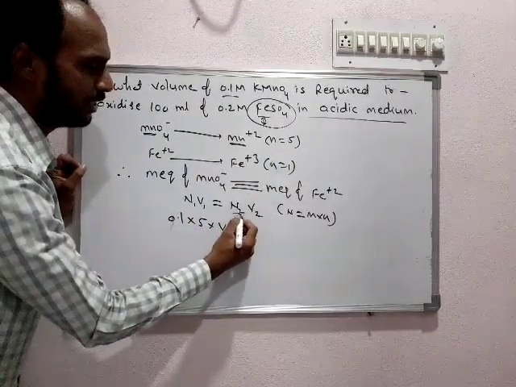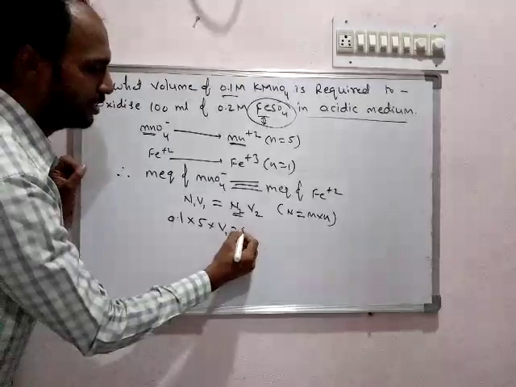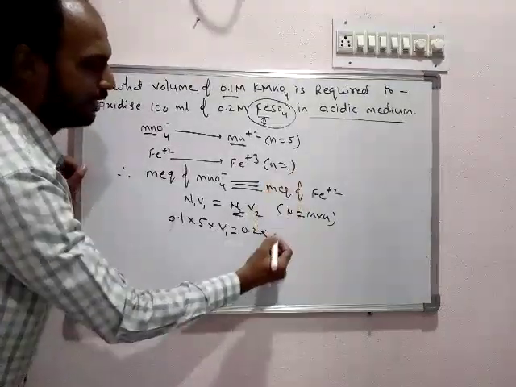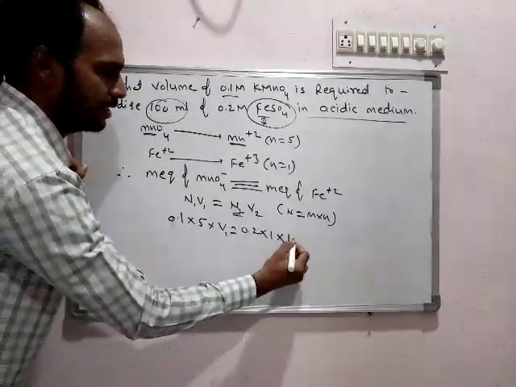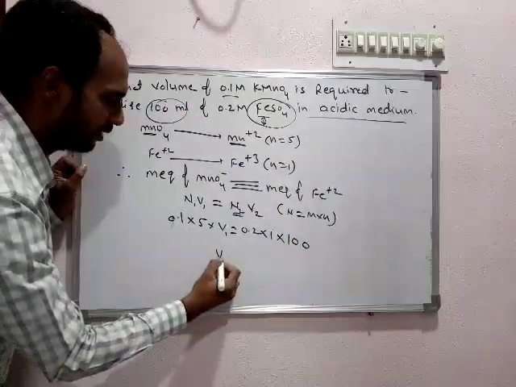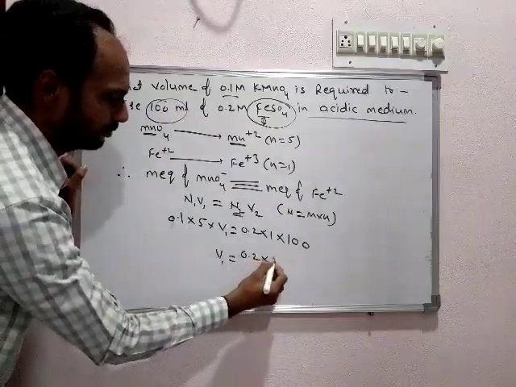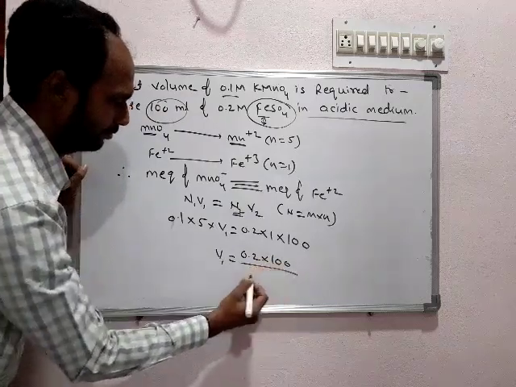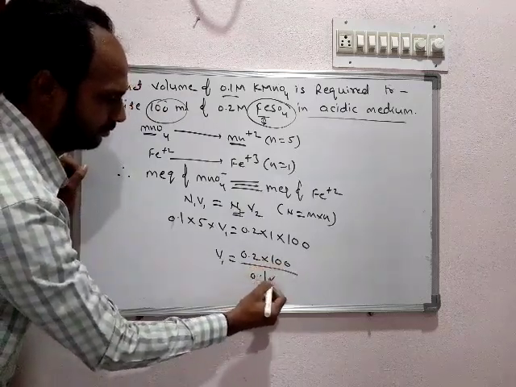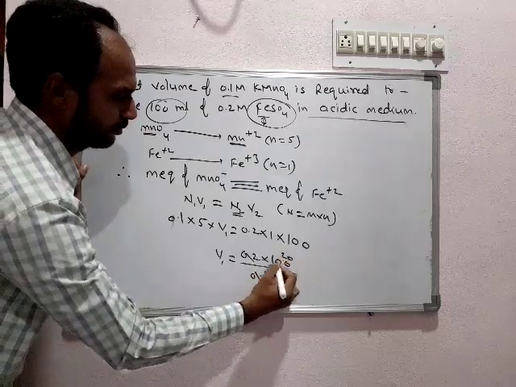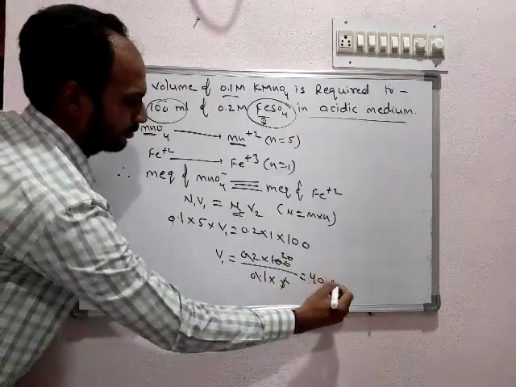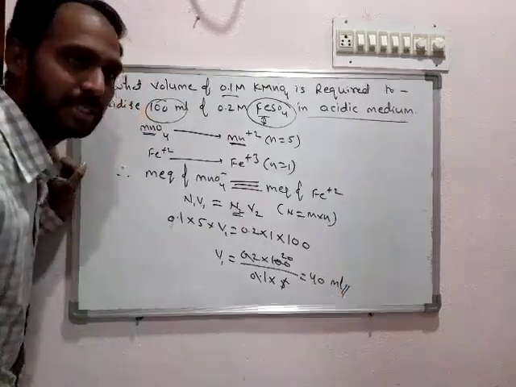Volume V1. What is N2? N2 means molarity, it's 0.2, N factor 1. What is the volume? We are given 100 milliliter. Now calculate V1, which is equal to 40 milliliter.